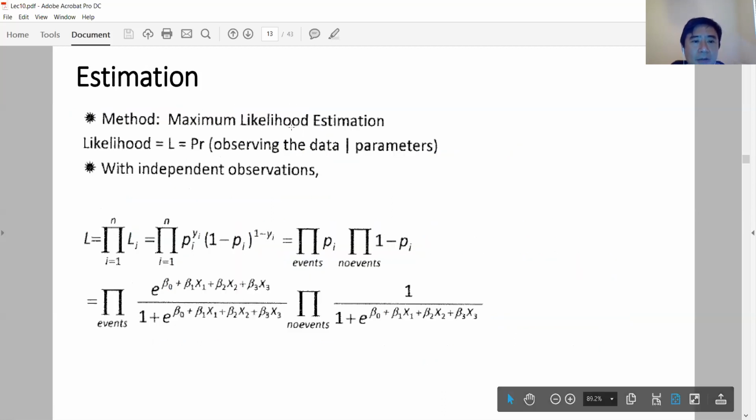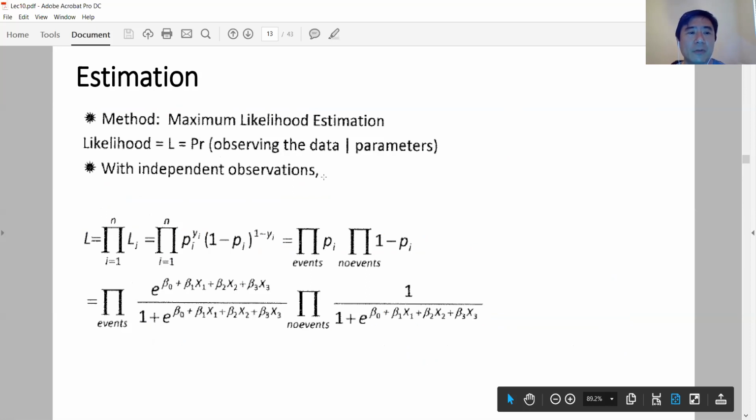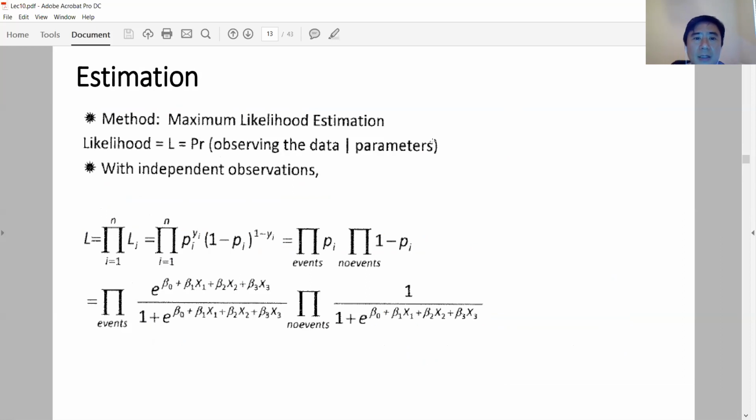Okay, and here I talk a little bit about the estimation, but you don't have to worry about the explanation. This is a theoretical thing, and I usually put this in the theoretical class. But you just need to remember the estimation for the logistic regression is different from the linear regression.